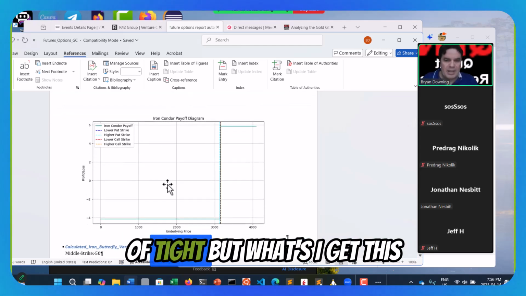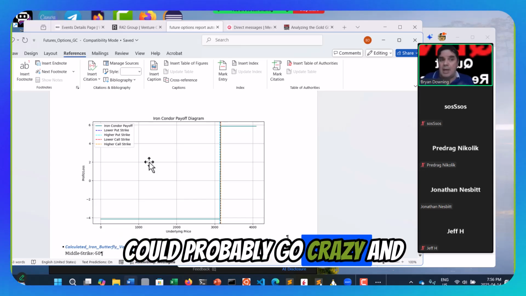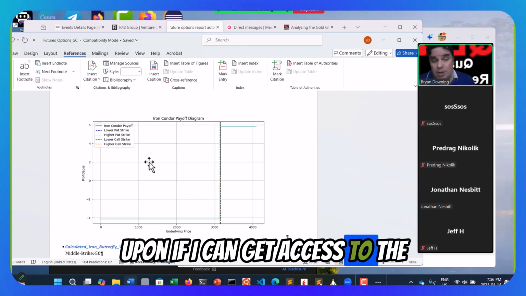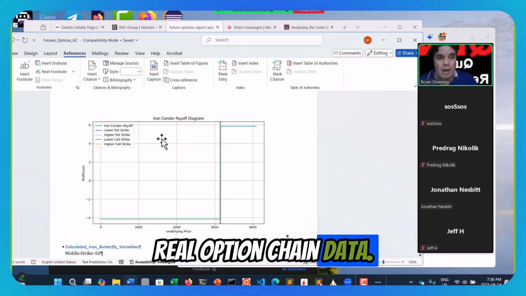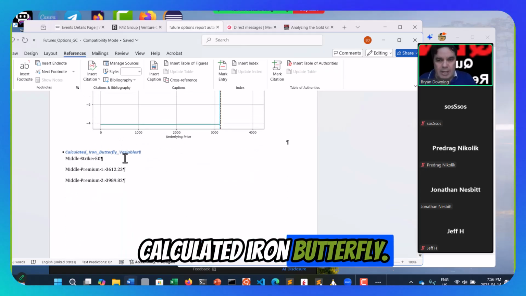It's kind of tight, but once I get this all ironed out, this can be pretty sophisticated, and I could probably go crazy and give simulated profit if I can get access to the real option chain data.